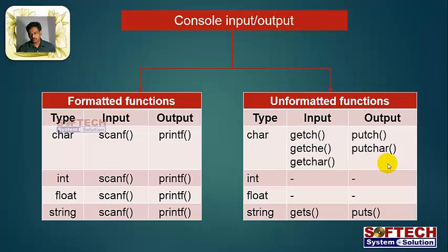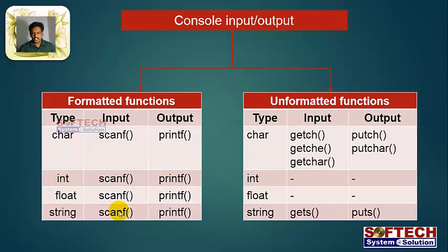If we want to display a character on the monitor, these are the functions. For string, the gets function gets a string from the keyboard. The puts function displays a string on the monitor. It is the output function for string, and gets is the input function for string.